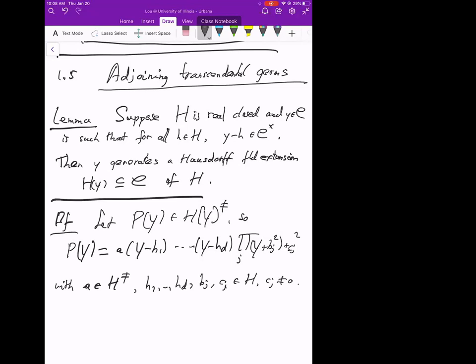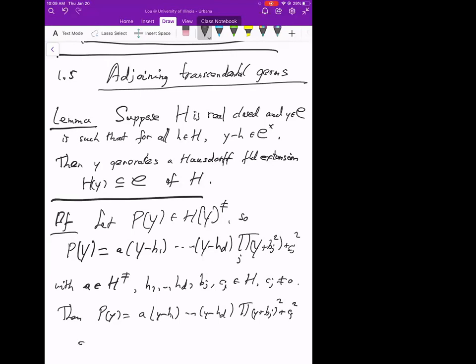Okay, then if we plug in Y into P, we just get a unit, right? Because A is a unit, since it's a non-zero element of this Hausdorff field, and then Y minus H1 is a unit by assumption, up to Y minus HD is a unit, and the product of all the (Y plus BJ) squared plus CJ squared terms, since these are positive eventually, are all units.